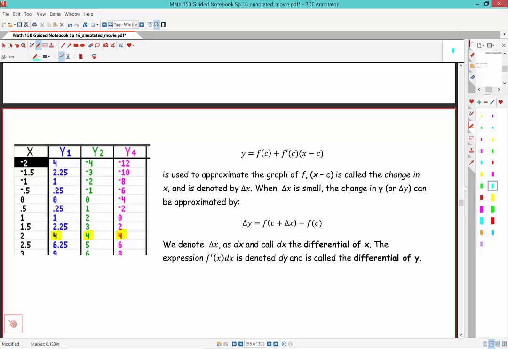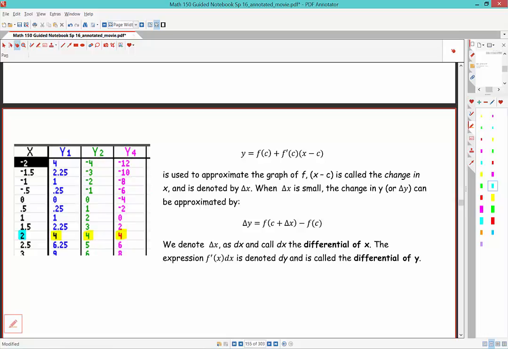So at this input value here, all these output values are the same. But look what's happening as we move away from x equal to 2. So here are the actual output values, here are the derivative outputs, and here are the tangent line outputs.